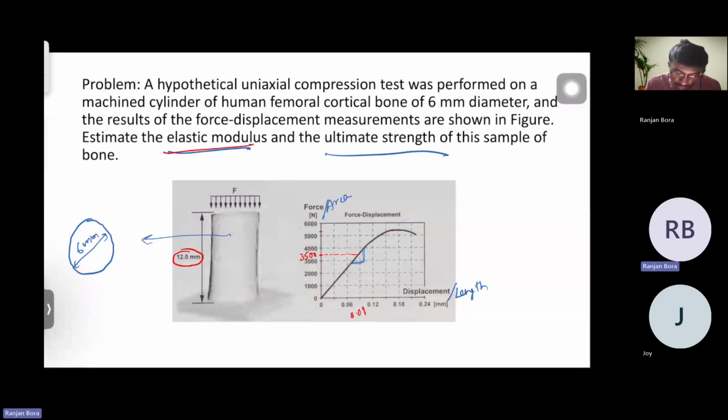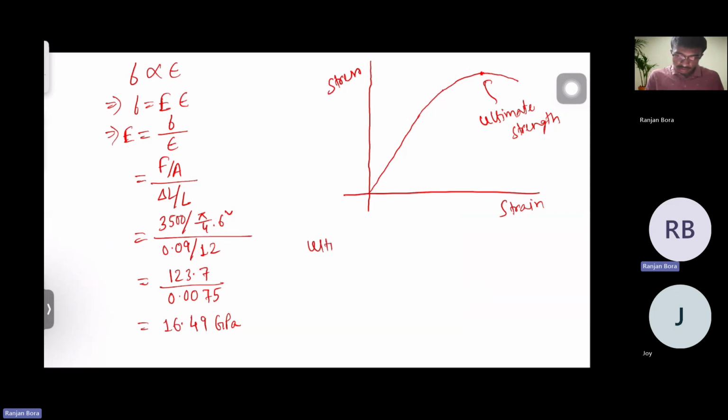So we'll take 5,400 Newton as the maximum force, and the ultimate strength will be equal to 5,400 Newton divided by area. Area is pi by 4 times 6 squared.